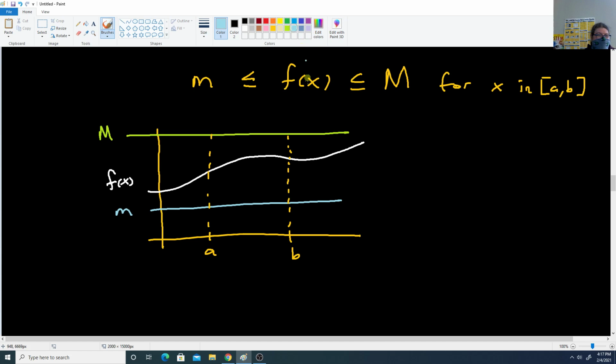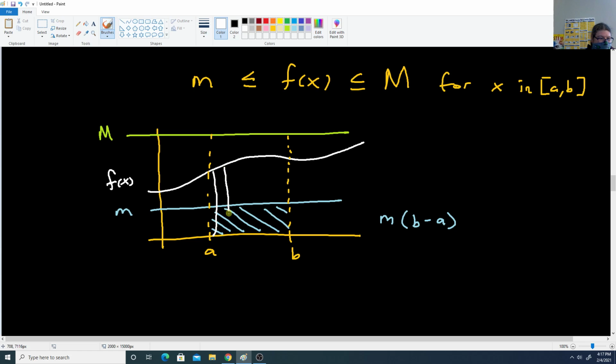So if we look at the area under the curve of m, since m is a constant, the area here would be m times the upper limit b minus the lower limit a. So m sets a height, and b minus a sets the width. Since it's like a rectangle, you get height times width.